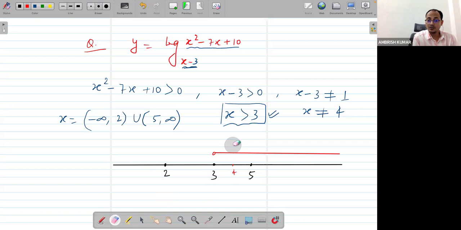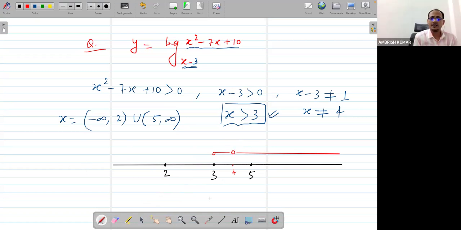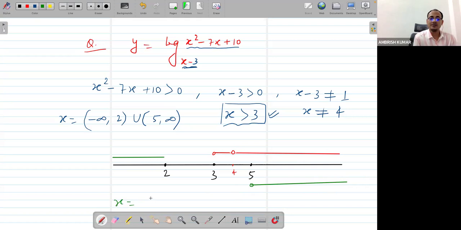So above the 4, you have to take a hollow circle here, right? Then negative infinite to 2, and then 5 to infinite. So yes, the common part is simply 5 to infinite. x has to be 5 to infinite.